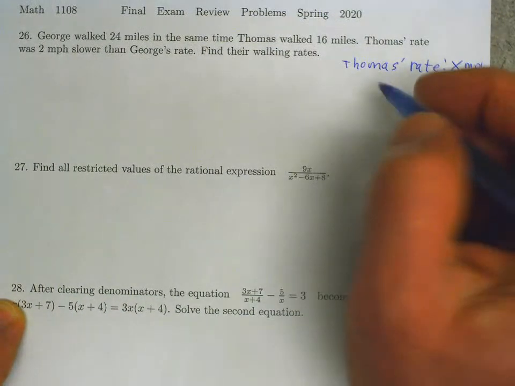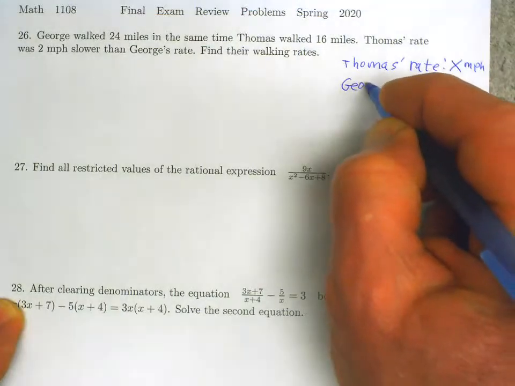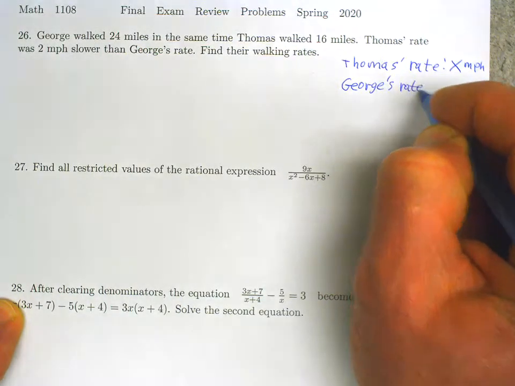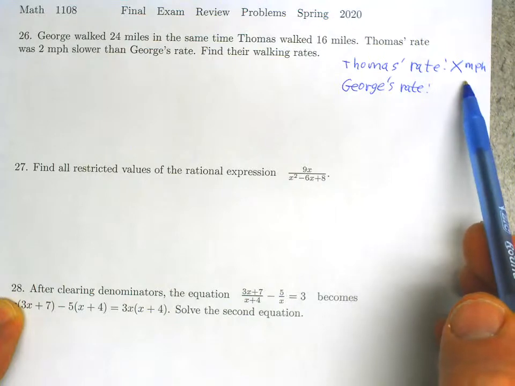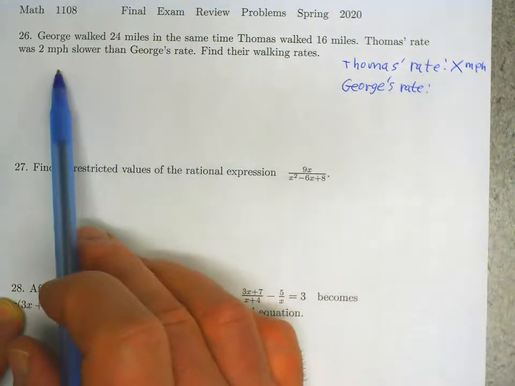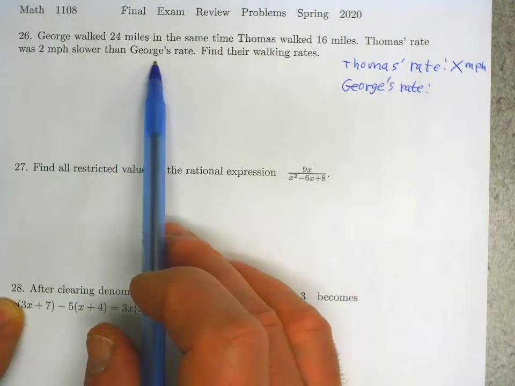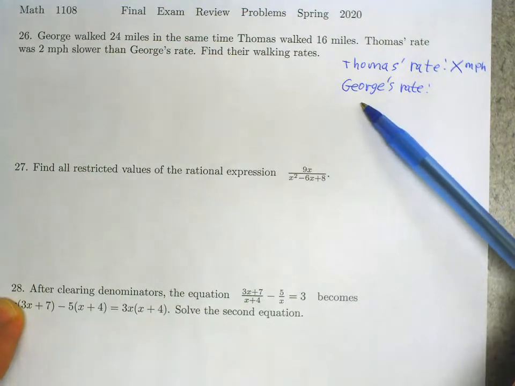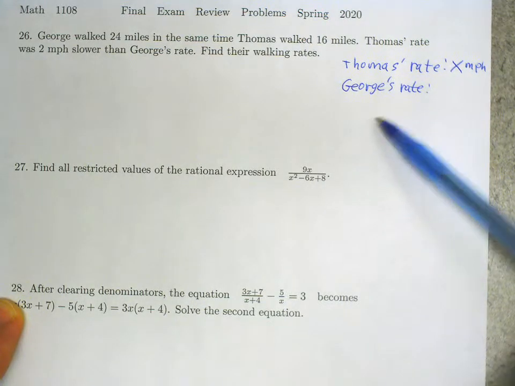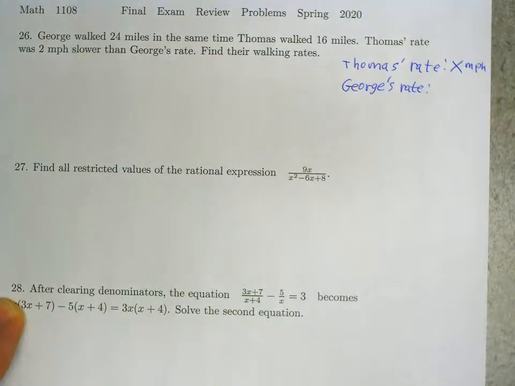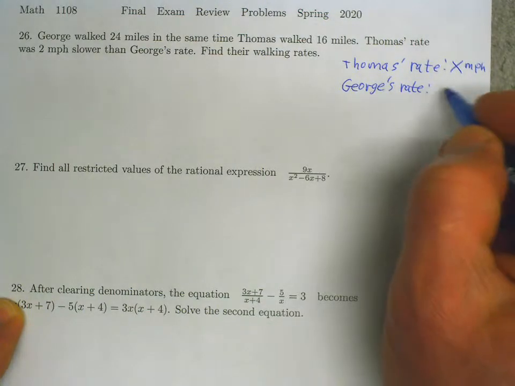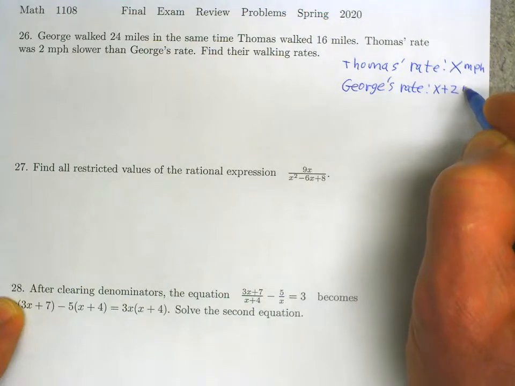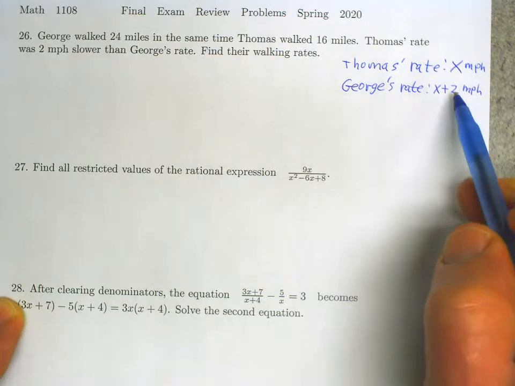And then George's rate, well, Thomas's rate is 2 miles per hour slower than George's rate, or equivalently, George's rate is 2 miles per hour faster than Thomas's rate. So we can represent George's rate by x plus 2 miles per hour, because it's 2 miles per hour faster than Thomas's rate.